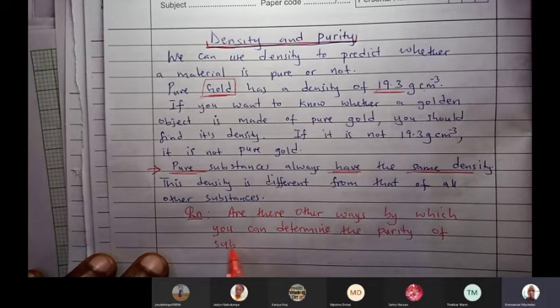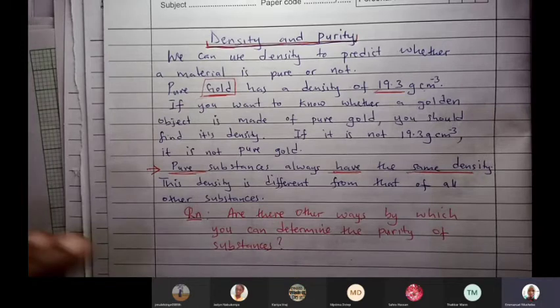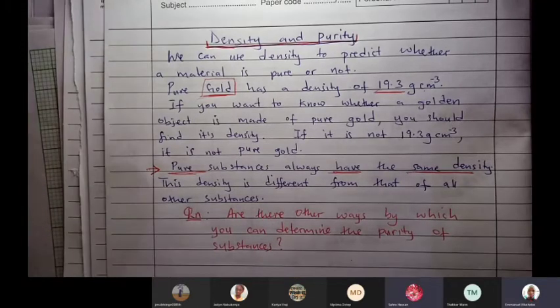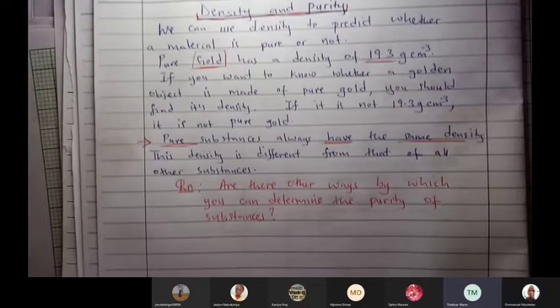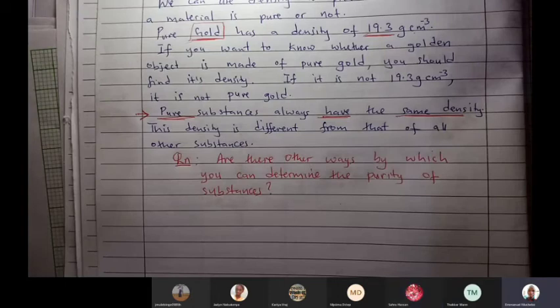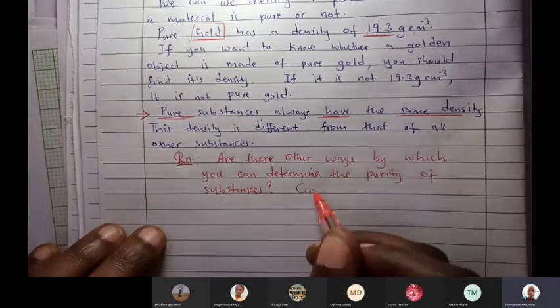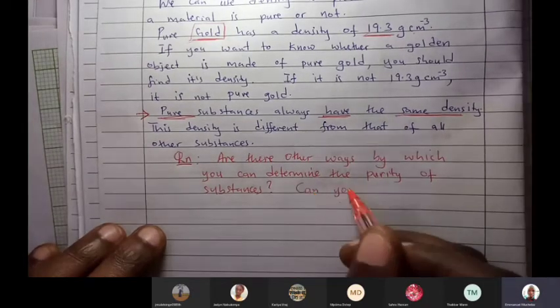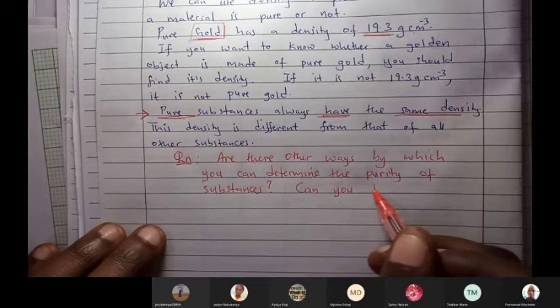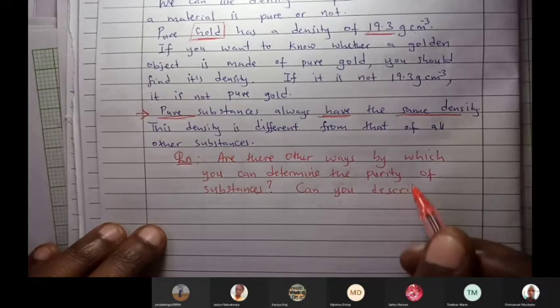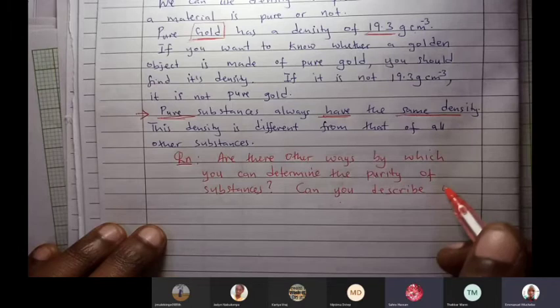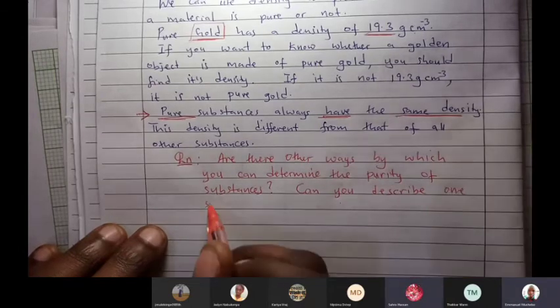Question mark. They are asking us this question here. Are we supposed to write it? Yes, you write it, put it down. And then they're saying, can you describe one such method?